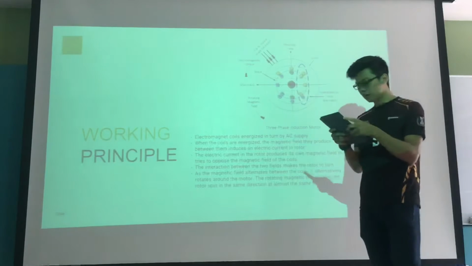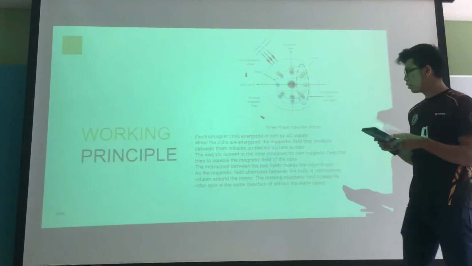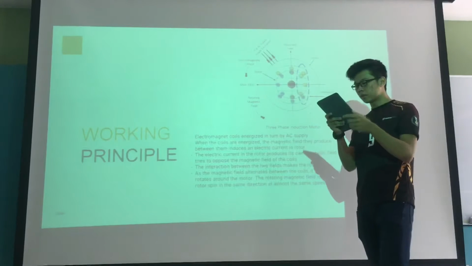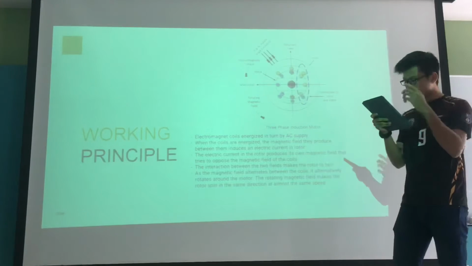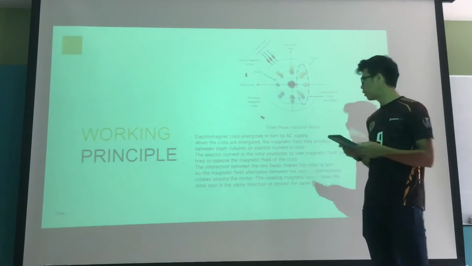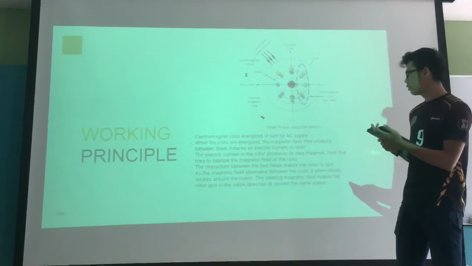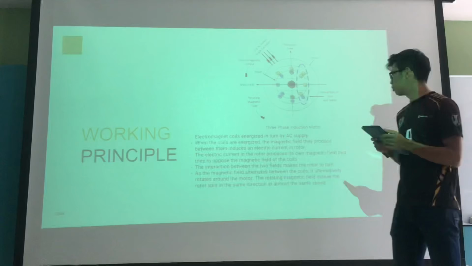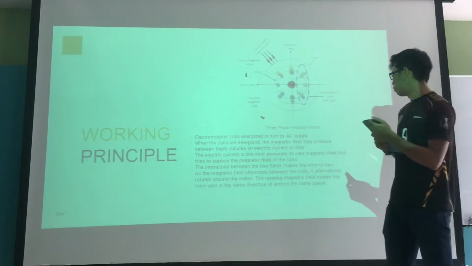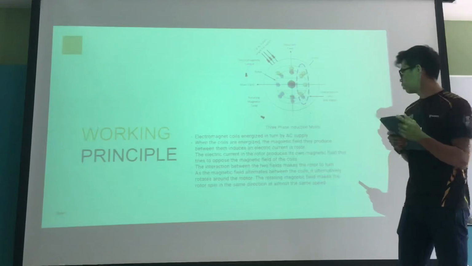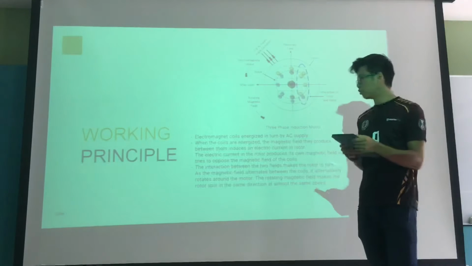The working principle of induction motor: the electromagnetic coils are energized in turn by the alternating current supply. When the coils are energized, the magnetic field produced between them induces an electric current in the rotor.